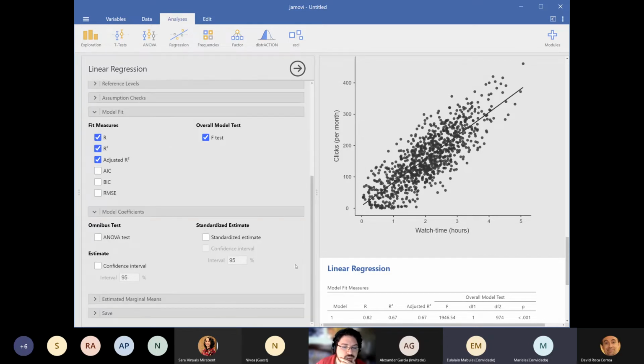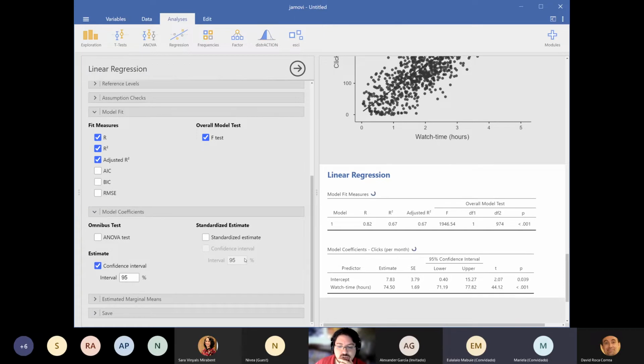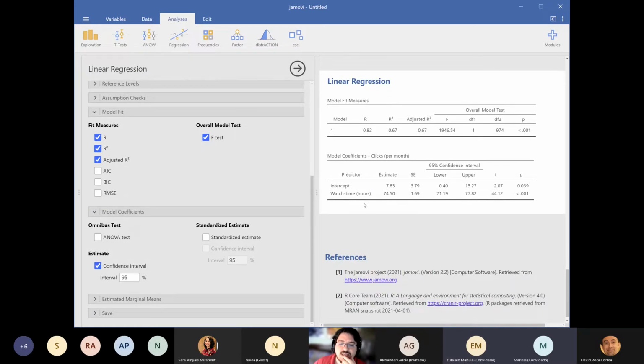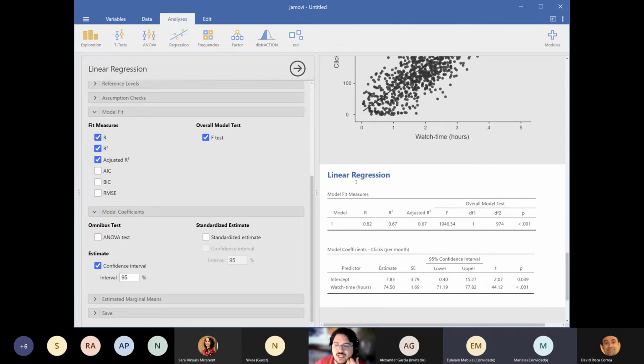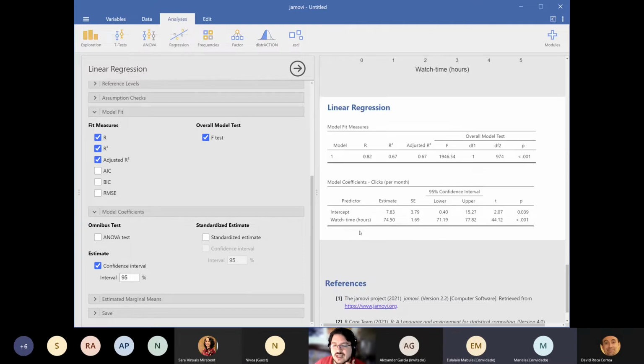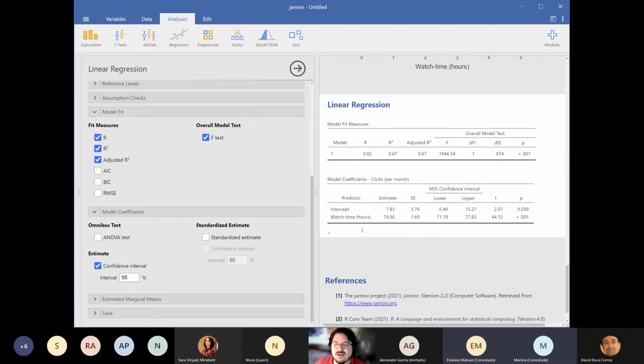So the thing that we get here is a model. When we do linear regression, the real output, besides the R-squared, which is relevant, and besides the F statistic for the overall model test to see if the linear regression is appropriate, is a model.